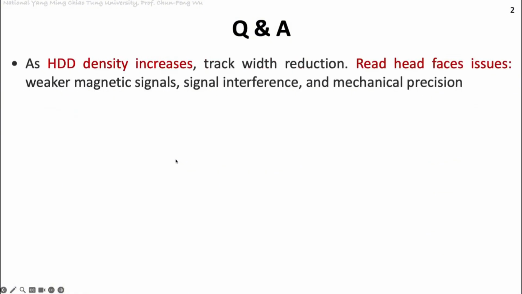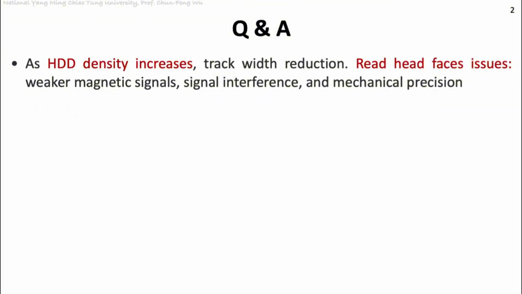I think there is a very interesting question about hard disk drive density increasing. If it is possible to reduce the track width, then you can increase the density of the hard disk drive, right?